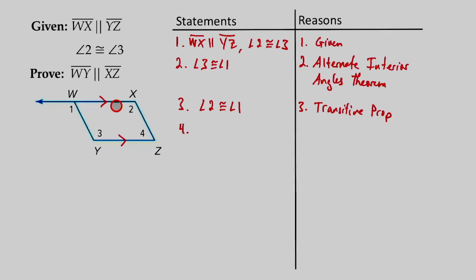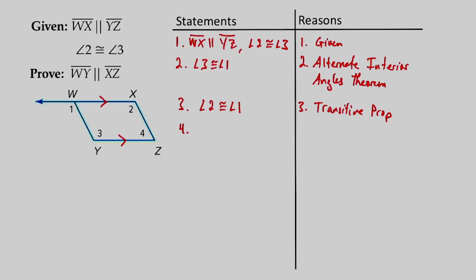But if we have a pair of corresponding angles that are also congruent, angles 2 and 1 are congruent, we can use the converse of the corresponding angles postulate to say that the two lines that form this pair of corresponding angles will be parallel.